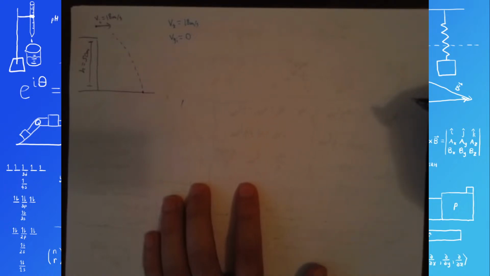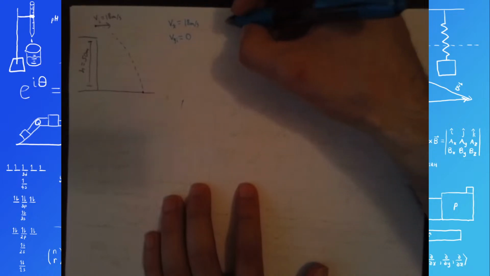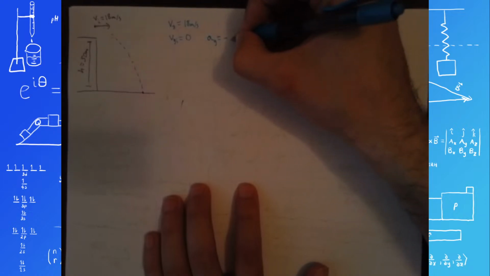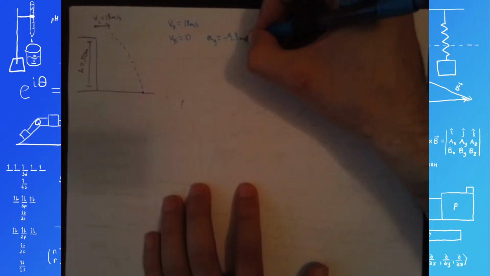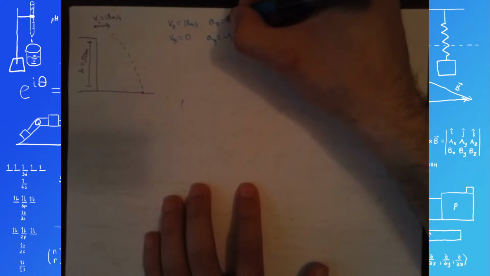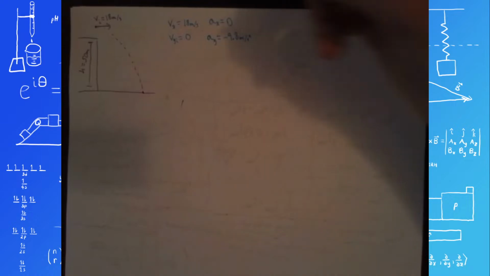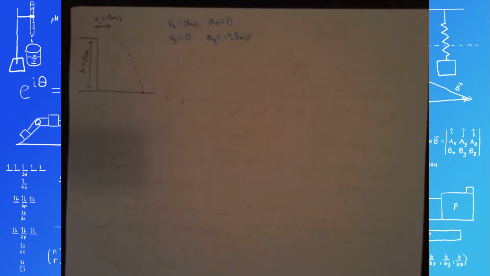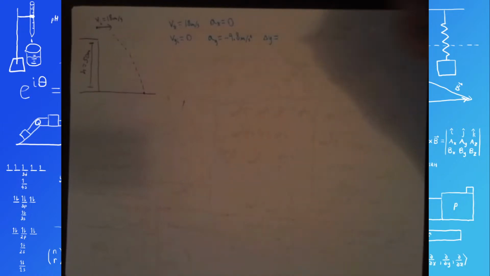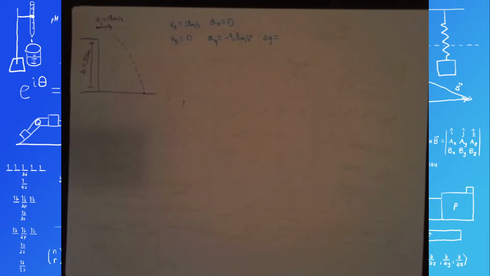Okay, now that I have that figured out, what other information do I have? I know that the acceleration in y is negative 9.8, and that the acceleration in x is 0. That's what we will assume unless we are told otherwise. And I know that delta y is going to be how much? Be careful here. We're going from someplace higher to someplace lower.